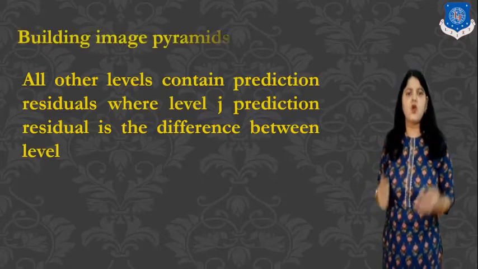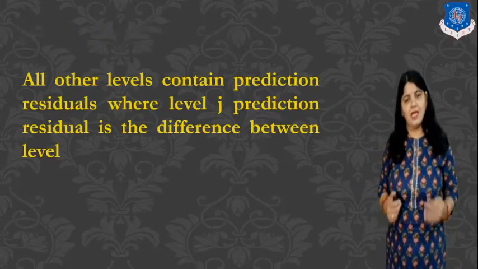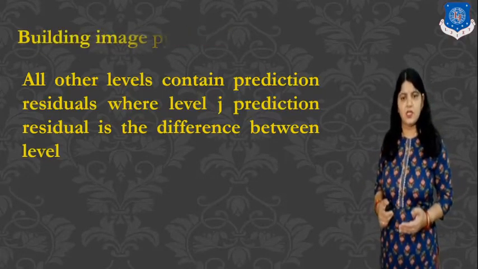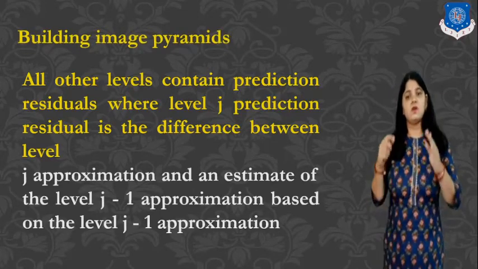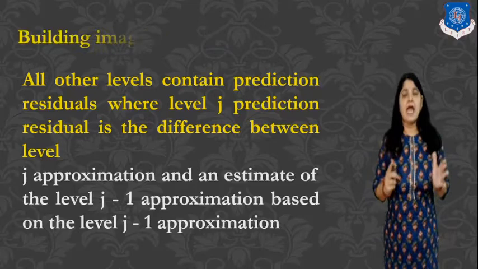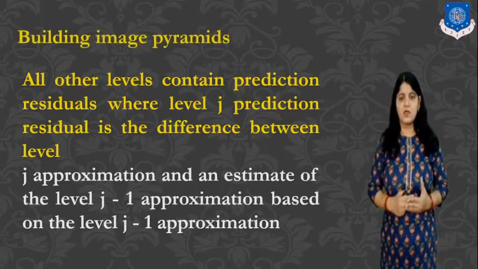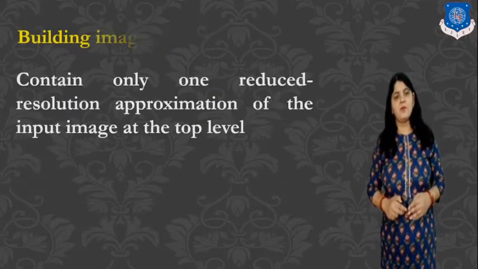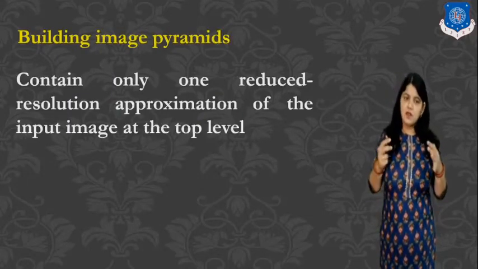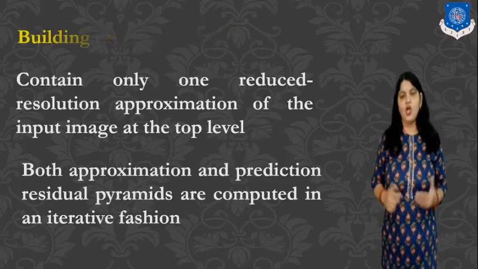All other levels contain the prediction residuals, while the level J prediction residual is the difference between the level J approximation and an estimate of the level J approximation based on the level J minus 1 approximation. So the top level contains only a reduced resolution approximation of the input image.